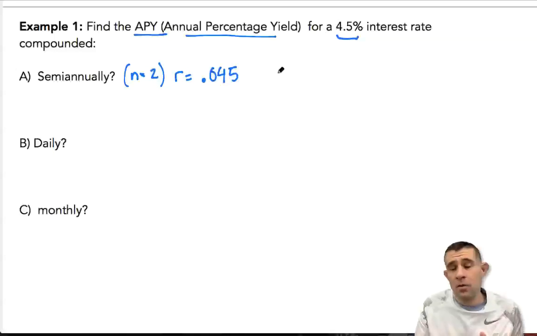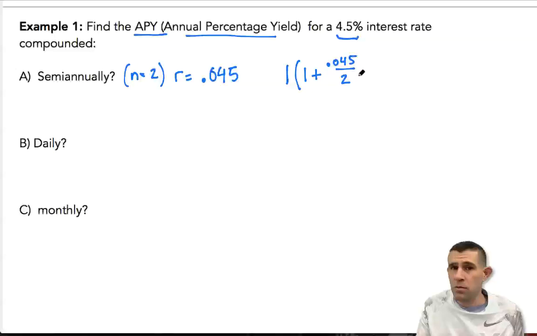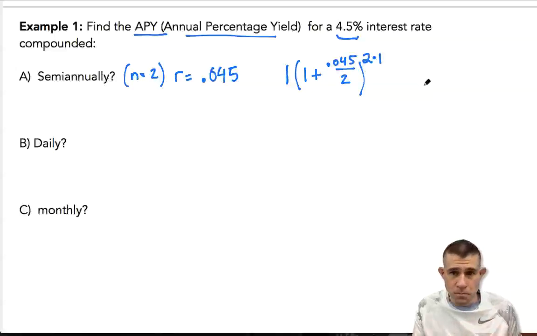So to calculate annual percentage yield, we're going to let our principal amount just be $1. And we're going to say 1 plus our interest rate, 0.045, divided by 2, because we're talking about semi-annually. And then we're going to raise that to the 2, that's our n value, times 1, because we're just looking to do it for 1 year.